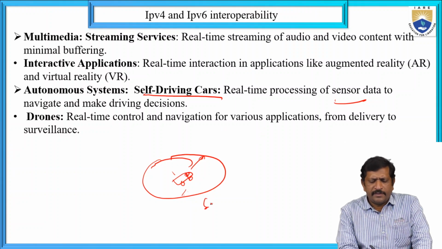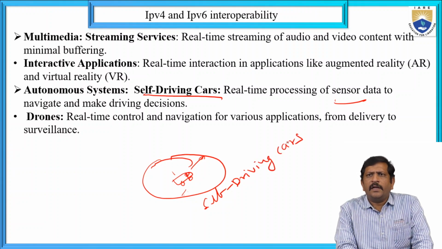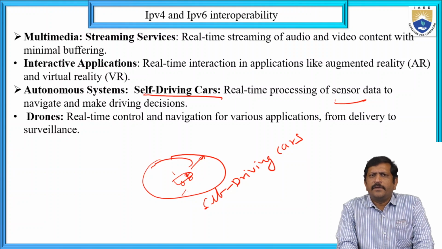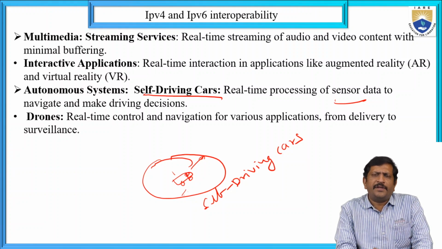So it is self-driving cars. That means they navigate and make driving decisions.